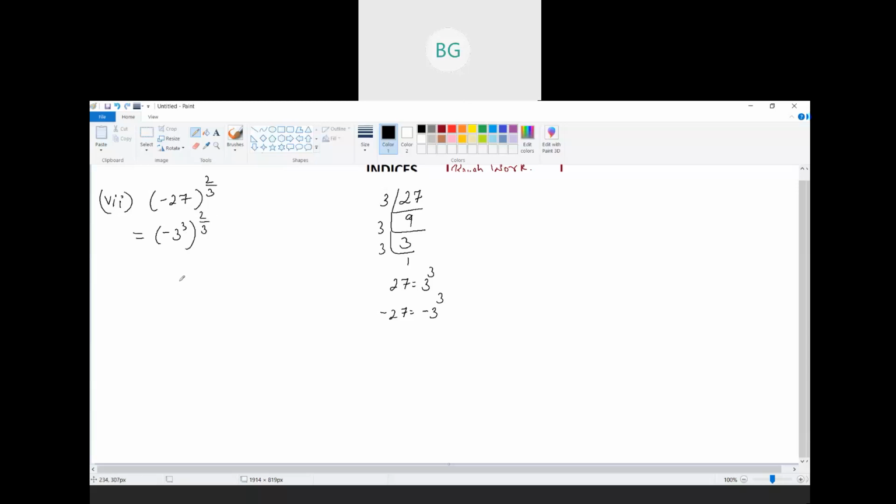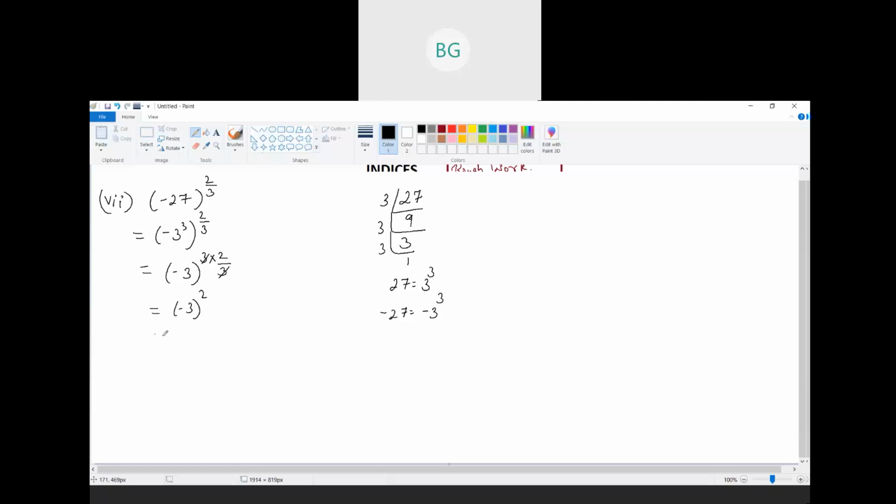Now again applying the law, we get minus 3 raised to 3 into 2 by 3. So here 3 will get cancelled. So we get minus 3 to the power 2.